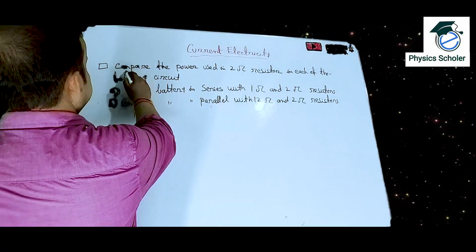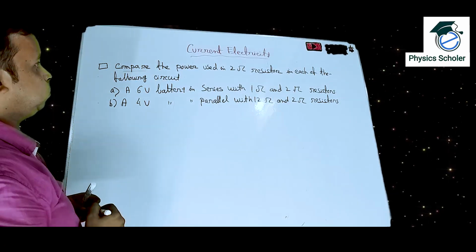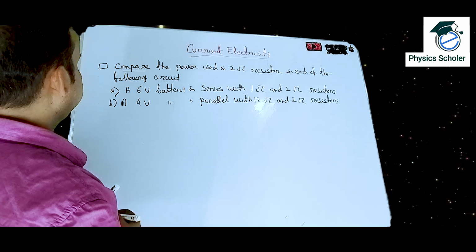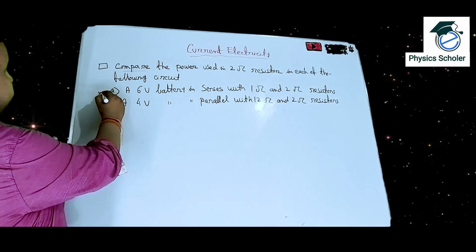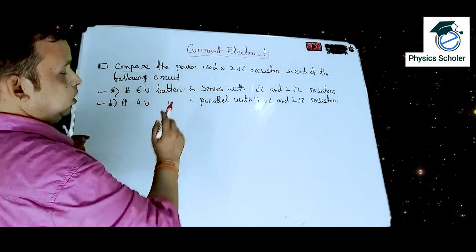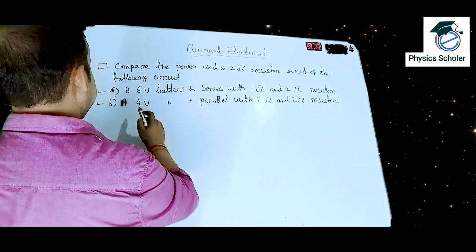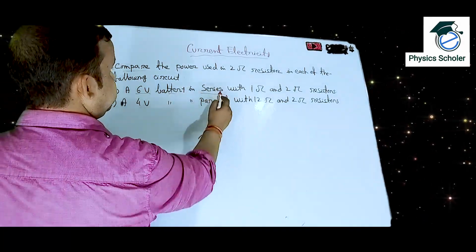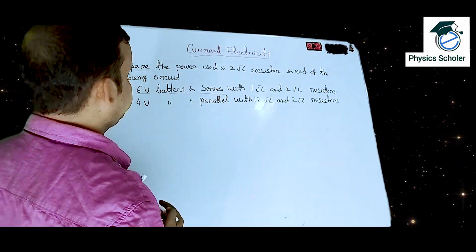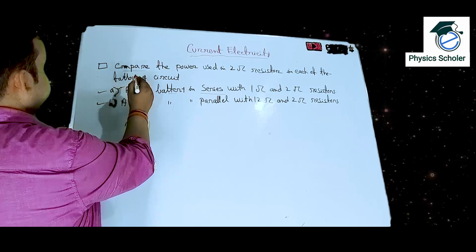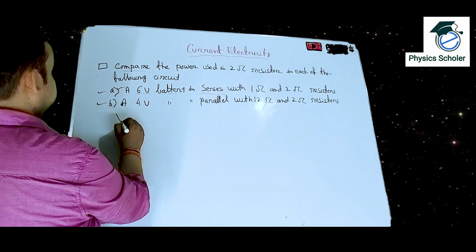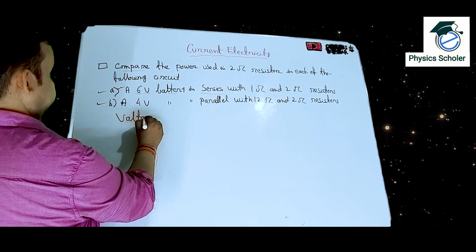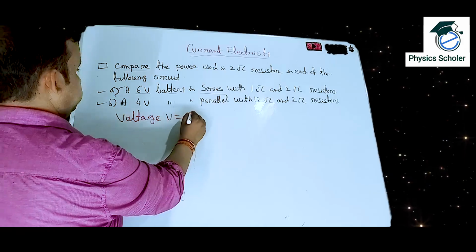So here see, compare the power used in 2 ohm resistors in each of the following circuits. So first and second, two conditions are given. 6 volt battery in series with 1 ohm and 2 ohm resistors. Okay, so let us consider the first one. So voltage V is equal to 6 volt.